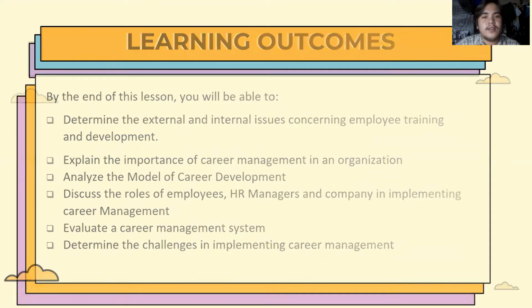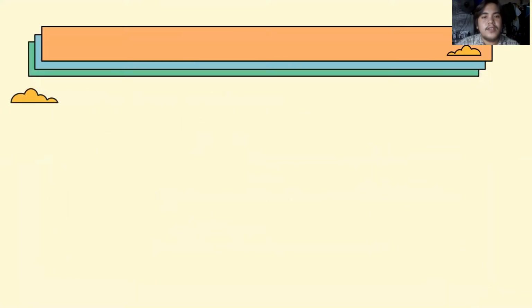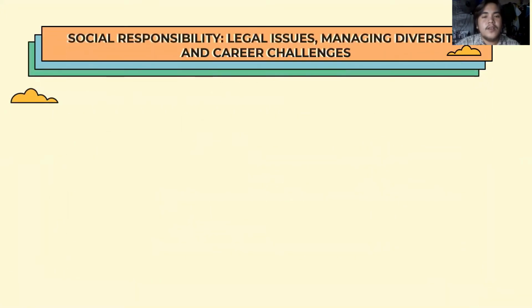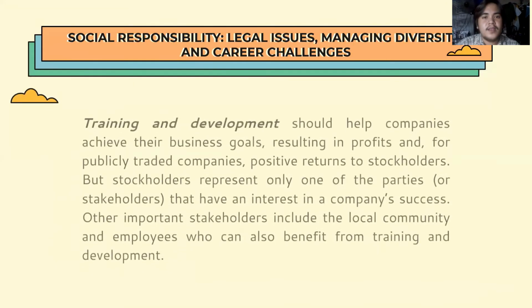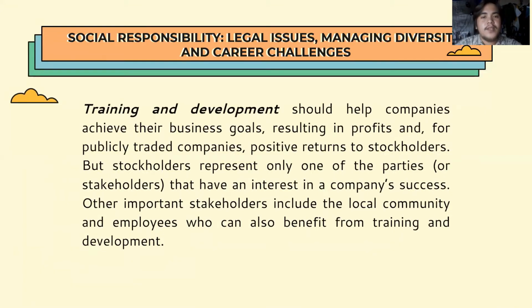So let's start now with the first part of the lesson, which is all about social responsibility, legal issues, managing diversity, and career challenges. So how do training and development help and contribute to the company? Training and development should help companies achieve their business goals, resulting in profits and, for publicly traded companies, positive returns to stockholders.